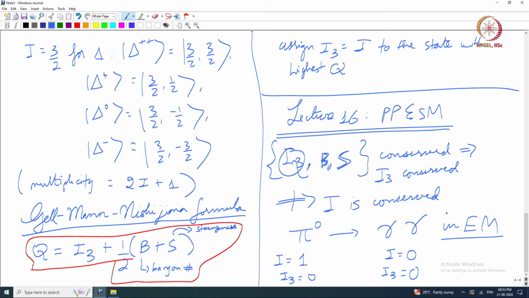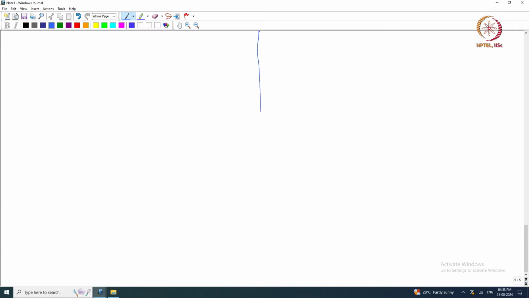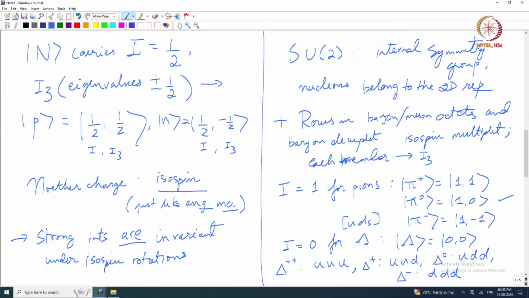Let us look at another process. Let us take the lambda baryon, which I said is a UDS, and let us take the decay of the lambda baryon to this channel, a pion and a proton. Now, something is slightly off here. The I3 of the left hand side is 0, because the lambda baryon is an isospin singlet completely, as we just saw.